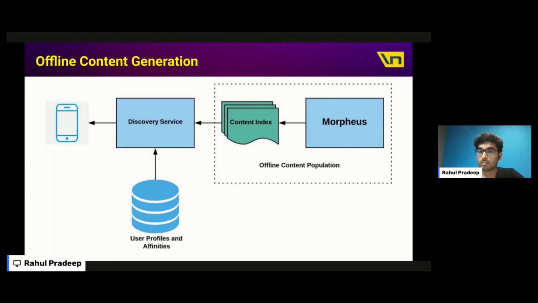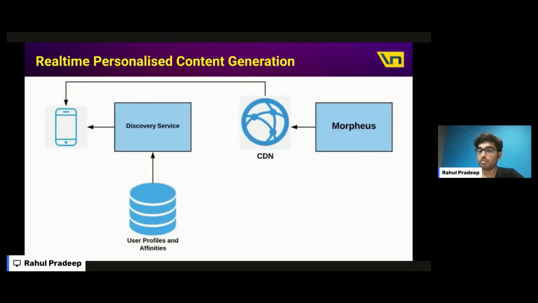So what we are planning to do in the future is something called real-time personalized creative generation. When a user lands on a Flipkart page, we figure out their preferences and create an image URL with some information encoded in it as to what kind of creative the user wants, based on their preferences.